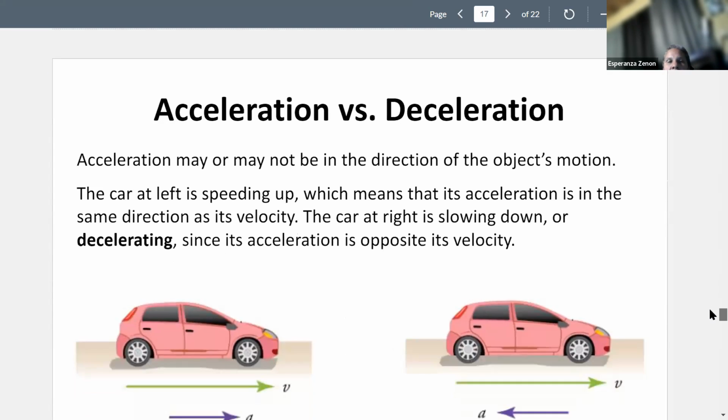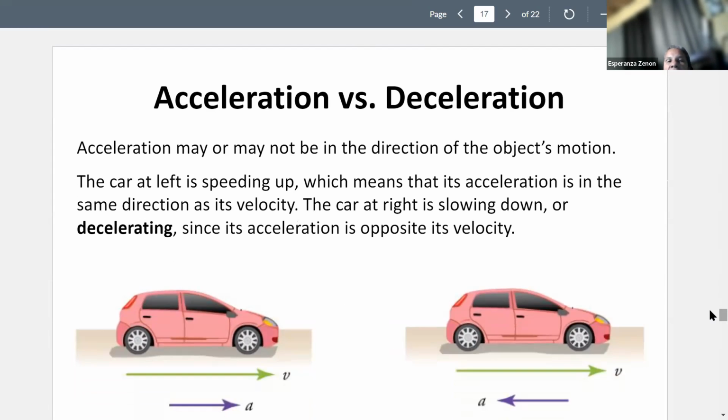Acceleration versus deceleration. I don't even like there to be a distinction, because I don't want you using the word decelerate in here. That word should not be part of your vocabulary in here. It's explained here because people use the term, and you need to understand what they mean when they say deceleration.